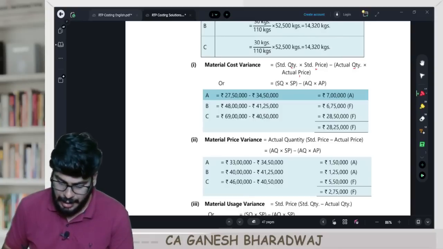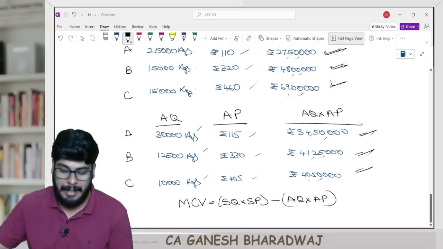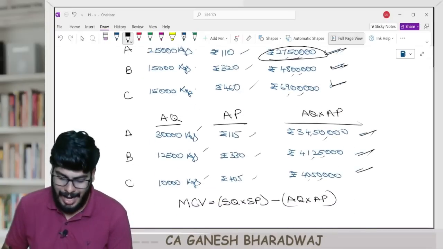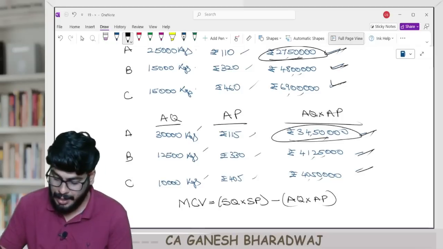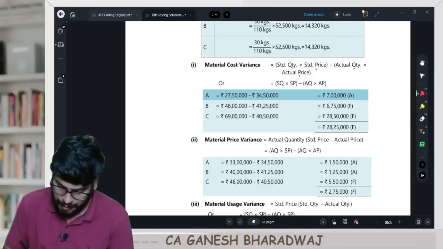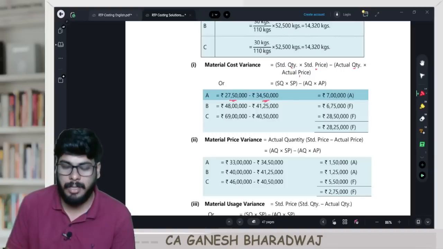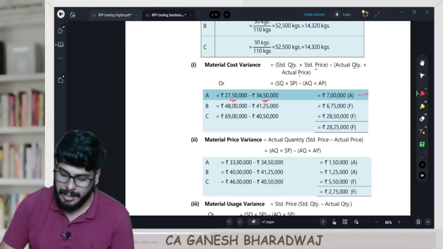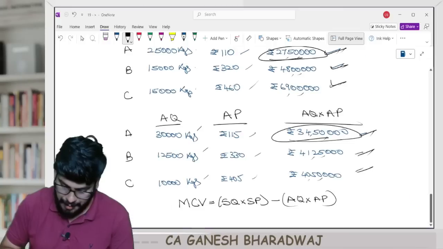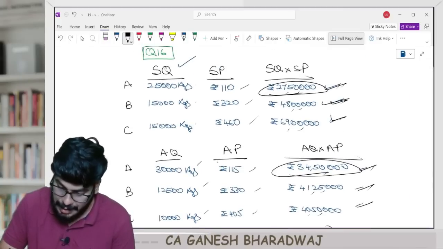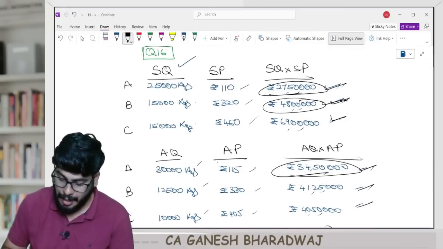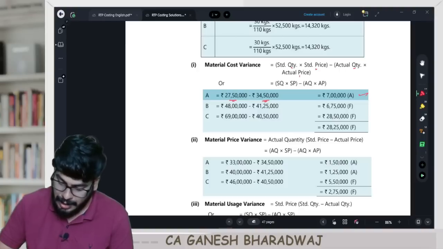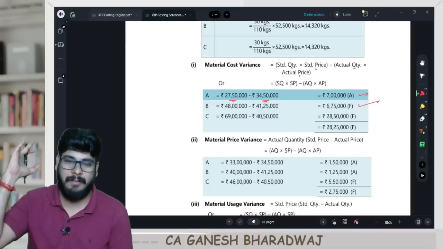So for material A, what is the standard material cost? That is standard quantity into standard price, 27,50,000. The actual material cost incurred is 34,50,000. You subtract the two: 27.5 lakhs minus 34.5 lakhs, you get 7 lakh rupees. The actual is more than the standard, so it's an adverse variance. Similarly, for product B, the standard material cost is 48 lakh, but you've actually incurred only 41.25 lakh, so the difference of 6.75 lakh is a favorable variance.